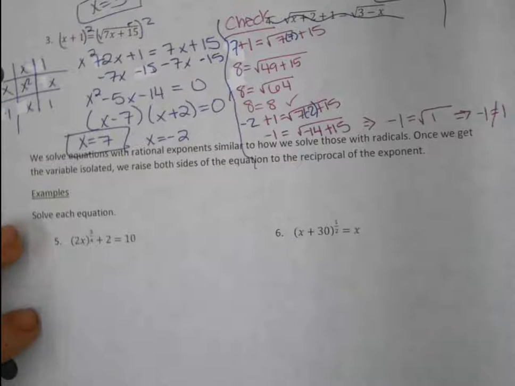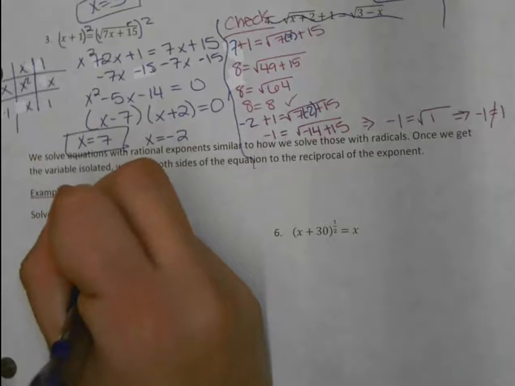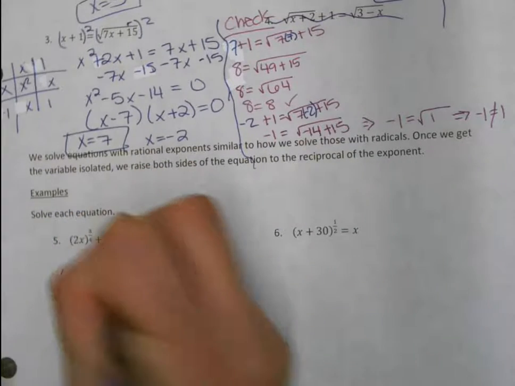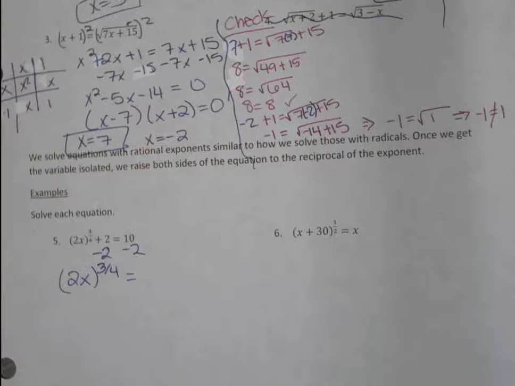Okay. So number 5, it works kind of the same way. I want to start off by getting the stuff in parentheses by itself. So I'm going to start by subtracting 2 on both sides. 10 minus 2 is 8.